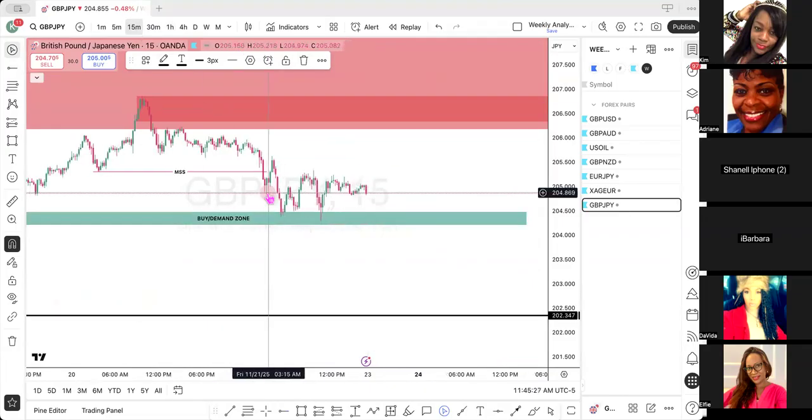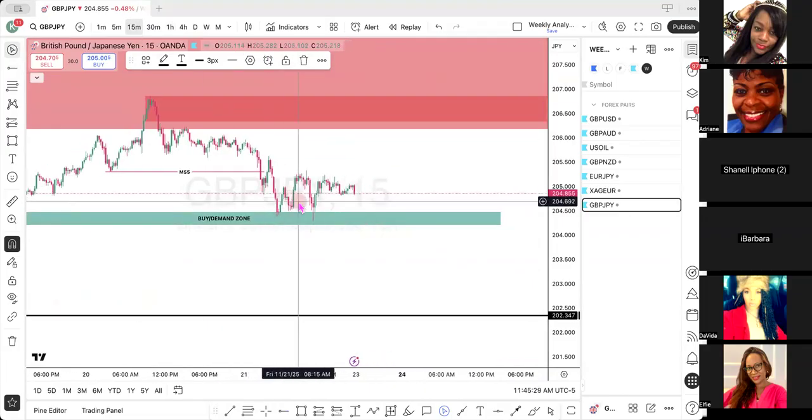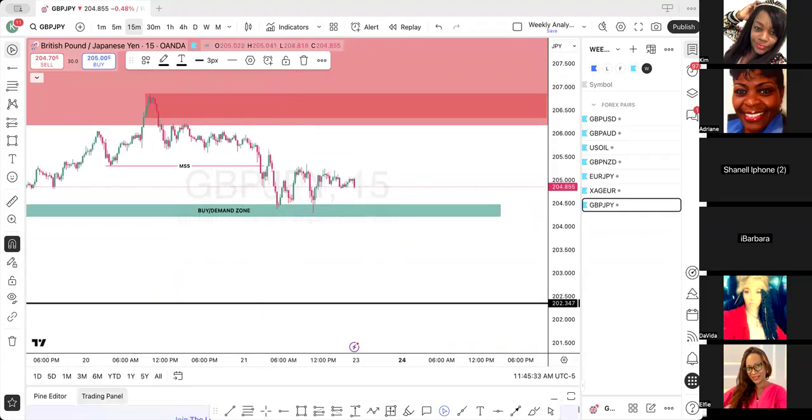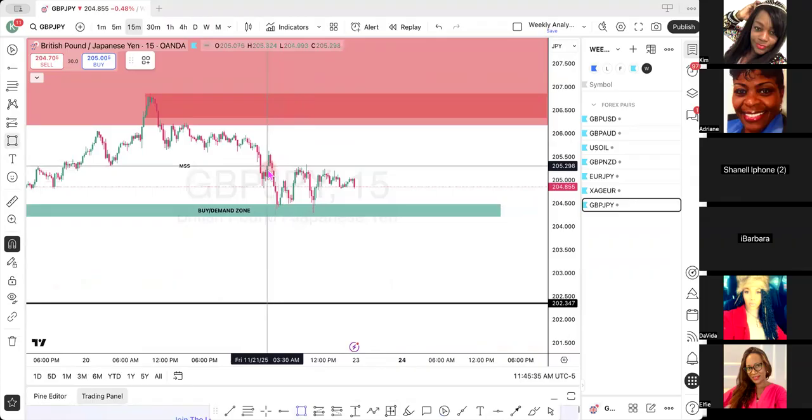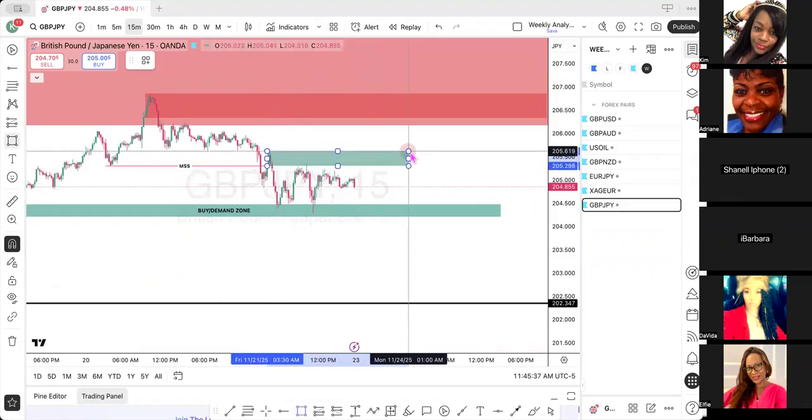And if I go to the 15 minute, I'm currently in this 15-minute bearish structure here.